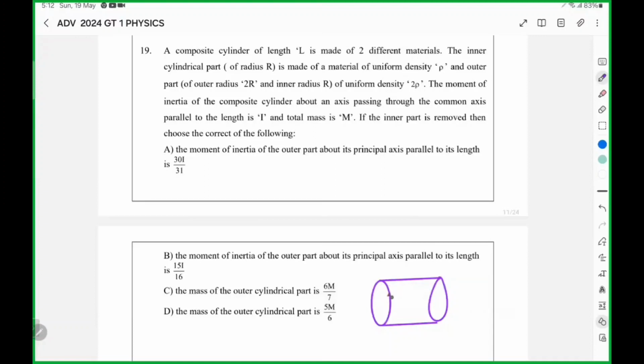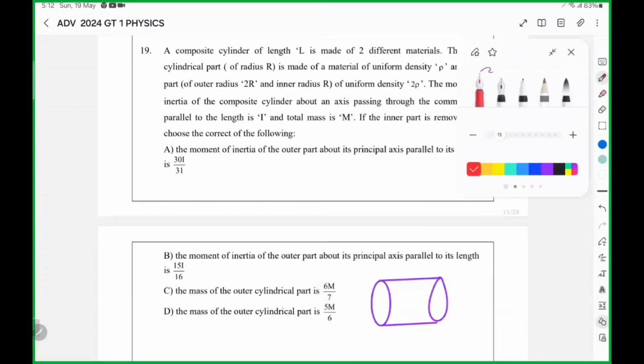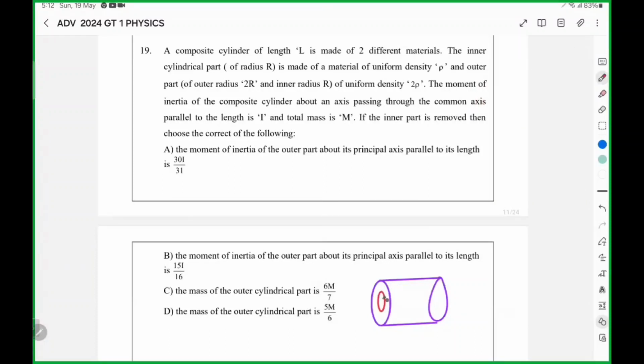The inner cylinder has radius R and uniform density rho, and the outer part has uniform density 2 rho.